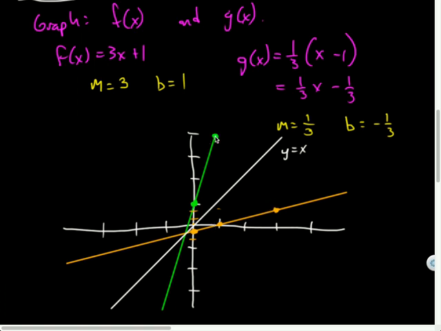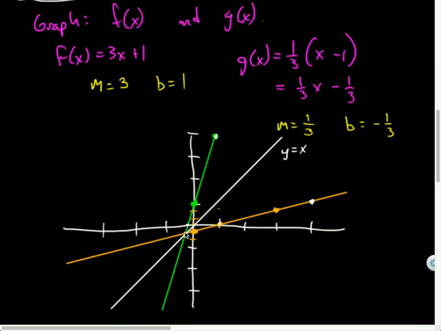So it means that this point here at 1 comma 4 on this line will be the point 4 comma 1. And it actually is. And this point here at 0 comma 1 on the orange line will be 1 comma 0. All right? And it actually lines up. And this point at 0 comma negative 1/3 will be at negative 1/3 comma 0.